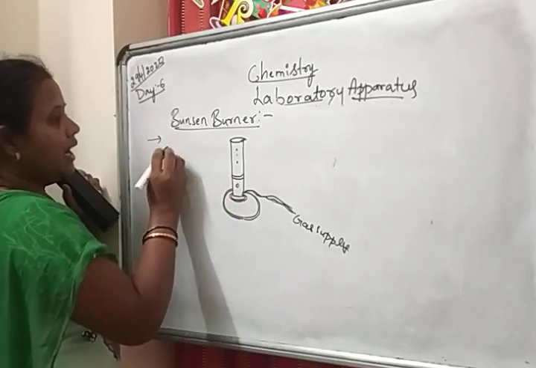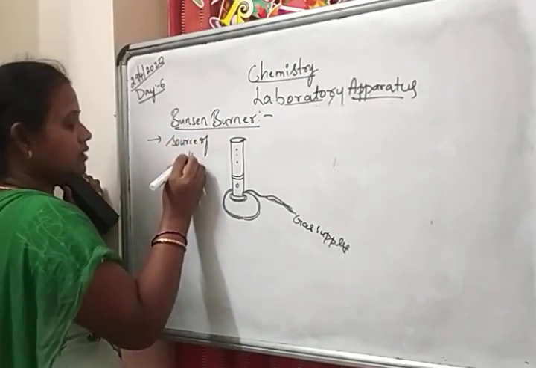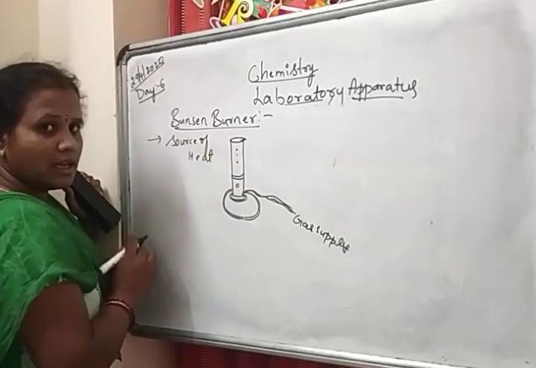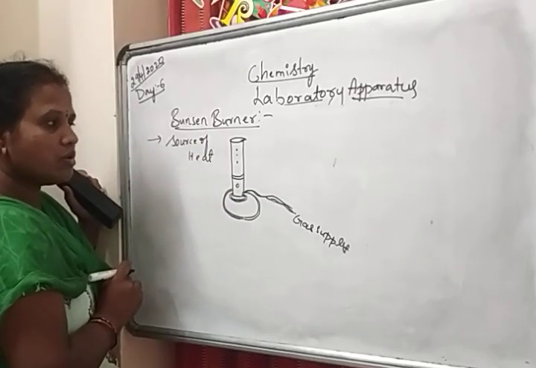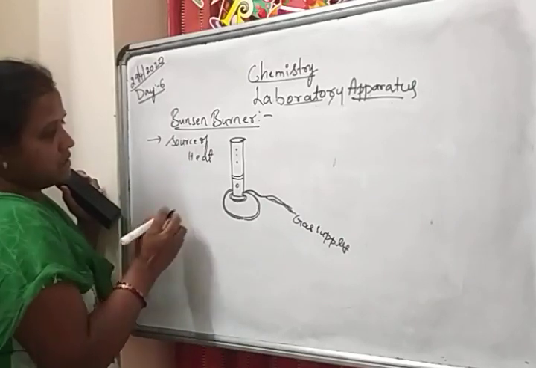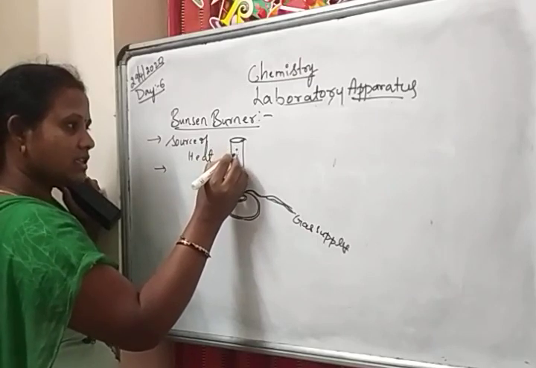Here, children, and what is the use? It is the source of heat. Many chemicals should be heated to carry out experiments. The source of heat is the Bunsen burner, and here you can see the air holes.